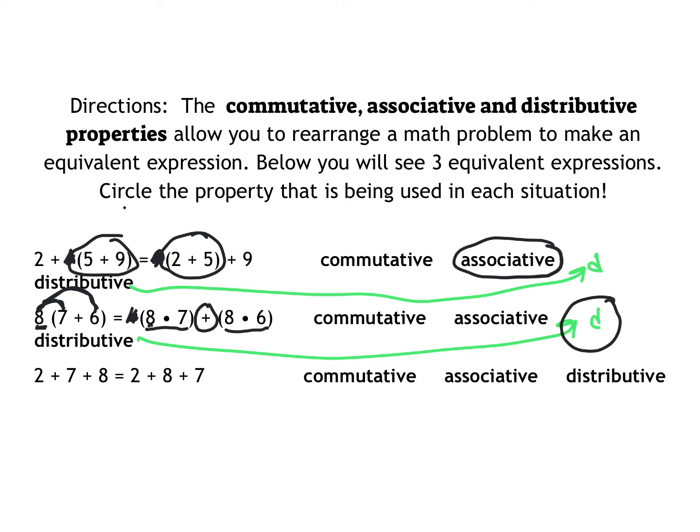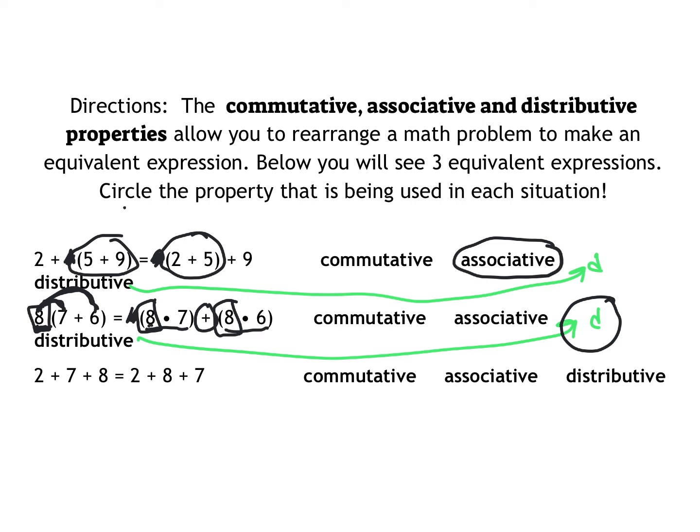Think of it as I'm distributing the 8 across the parentheses. So here we go from having one set of parentheses to 2 sets of parentheses. The parentheses didn't really move, it changed the problem, right? We see the 8 twice now, where before we just saw it once. So we're taking the 8 and we're distributing it to the different numbers.